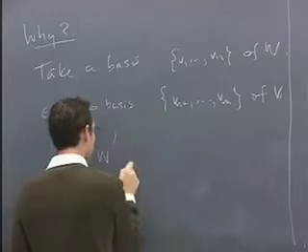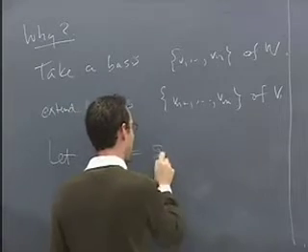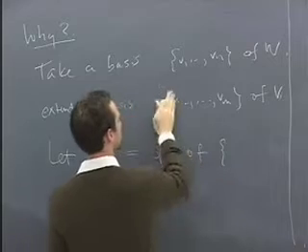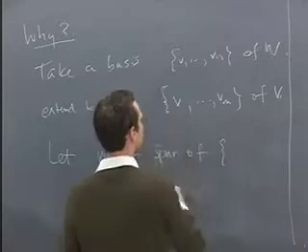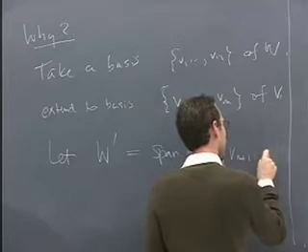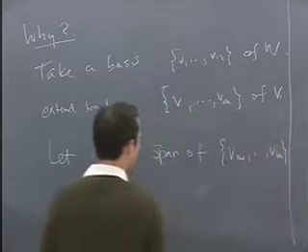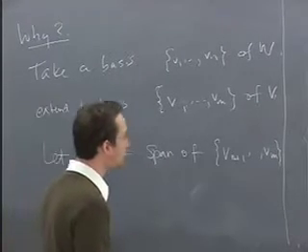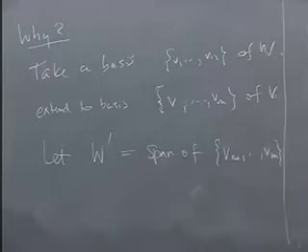Then we just let W prime be, as before, the span of vn plus 1 up through vm. And then it's not so hard to verify that this has exactly the right property.